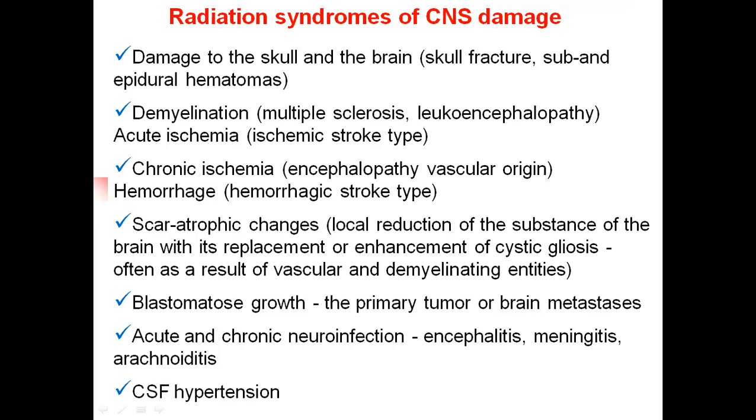Now let's observe radiation syndromes of central nervous system damage. They are listed here on this slide, and these are a group of pathologies, a group of syndromes which have certain characteristics that allow us to distinguish them from other pathologies of the brain and spinal cord.